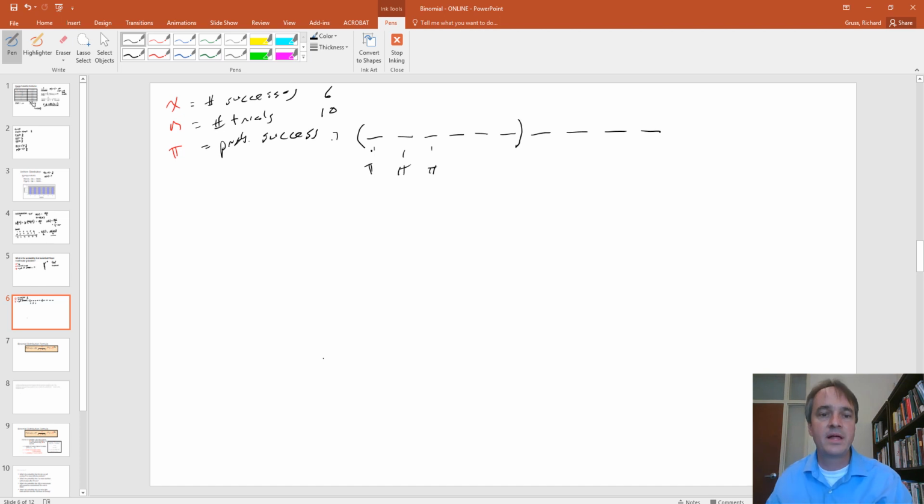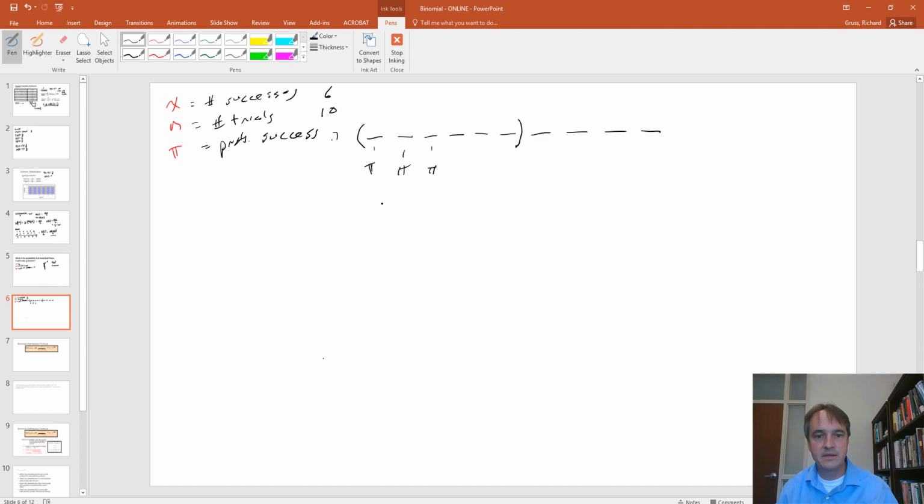We're just multiplying all these pi's together. Now remember, this is not 3.14. It's a little bit of a misleading notation, but this pi doesn't stand for pi as you normally know it. This is the probability of success. We could use p also, and in some texts you'll see that. So we're going to have pi times pi times pi times pi.